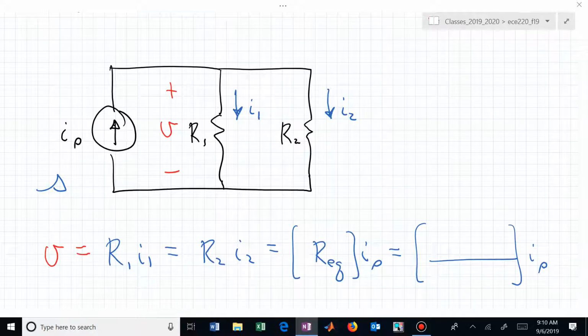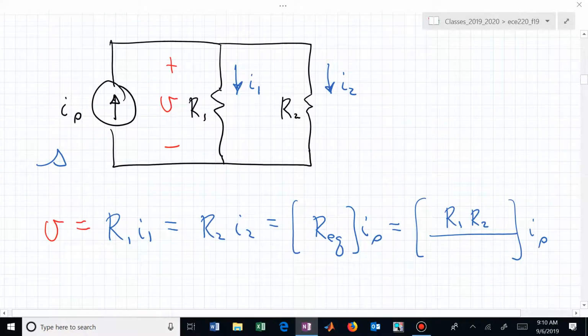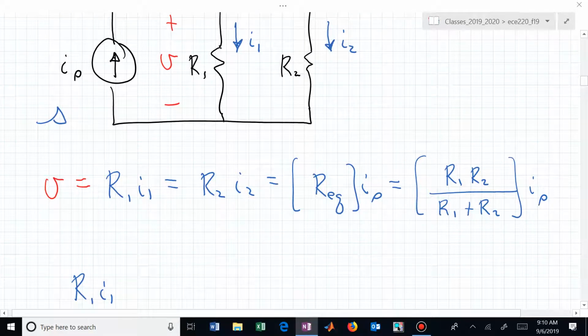Which one goes where? Product goes on top, doesn't it? So now we have R1 times R sub 2 divided by the sum of R1 plus R sub 2. That's the equivalent resistance.